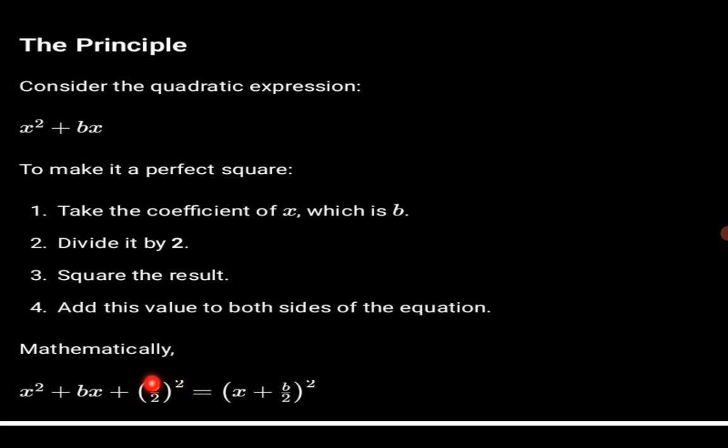So eventually this becomes open brackets, x plus b over 2, close brackets, to the power 2. So this is called a perfect square. So easy to do. That's the process which will take you to solving an equation by the method called completing the square.